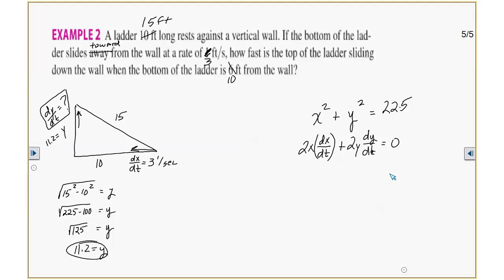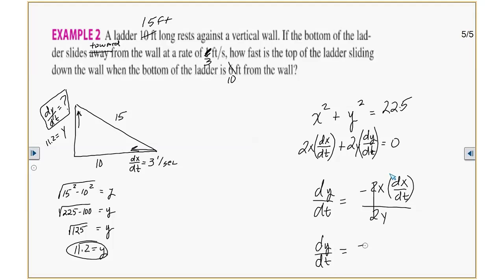And we're solving for dy/dt. So dy/dt is equal to negative 2x dx/dt divided by 2y, and the 2's cancel, so dy/dt is equal to negative x/y dx/dt.